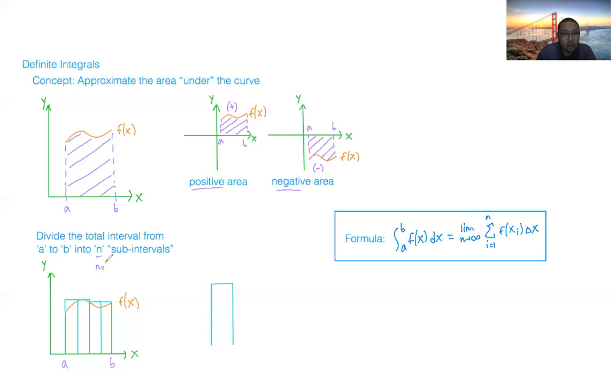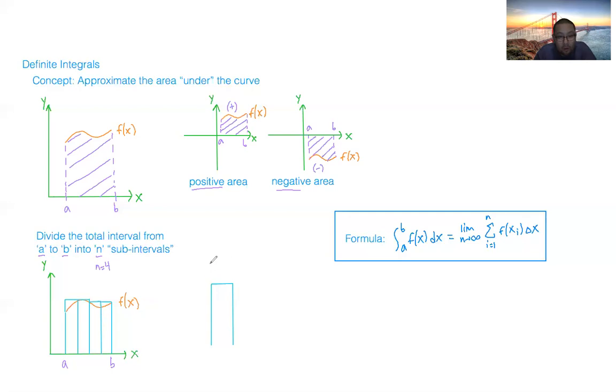In this case, we're going to break that into 4 subintervals, between a and b. And so if we're looking at a single subinterval, a single one of these rectangles, let's say this is what represents a single subinterval.